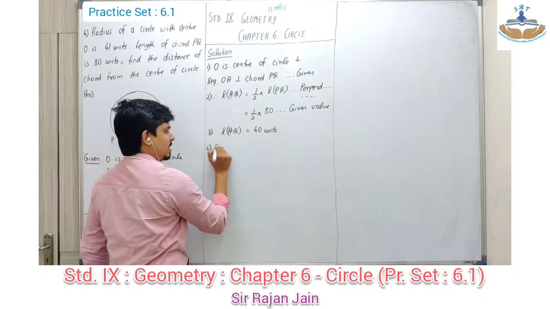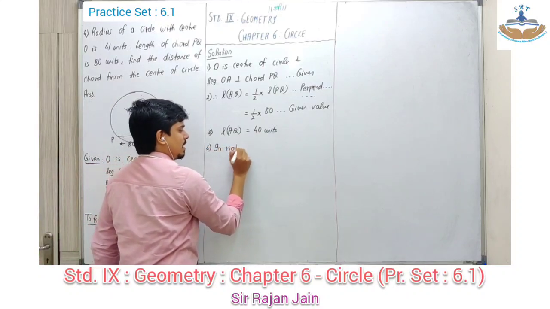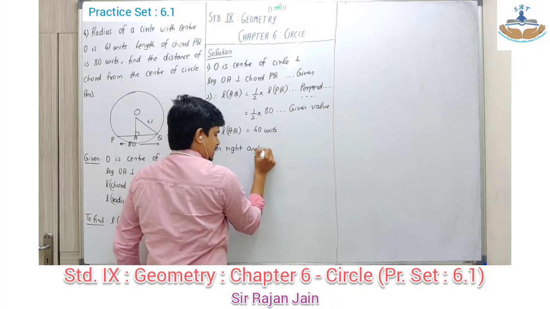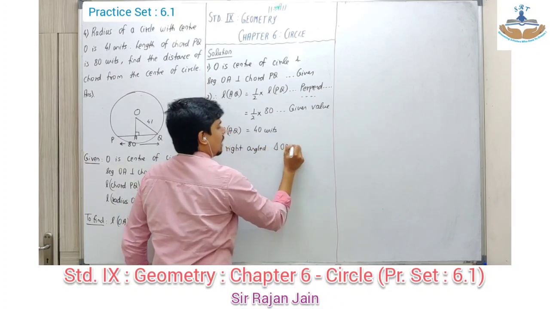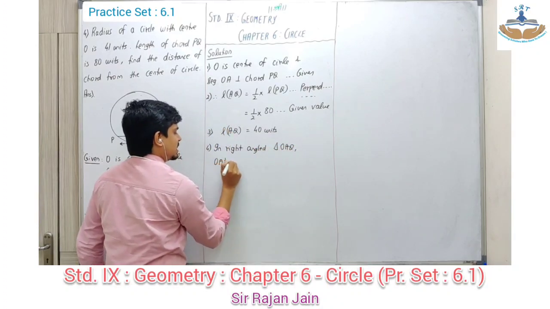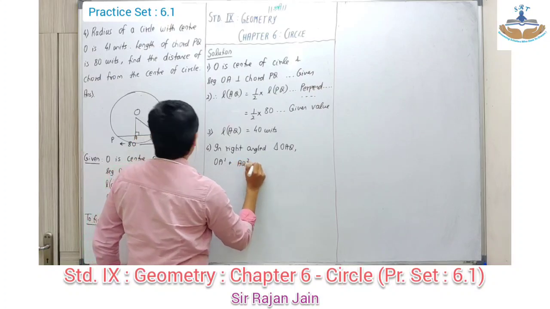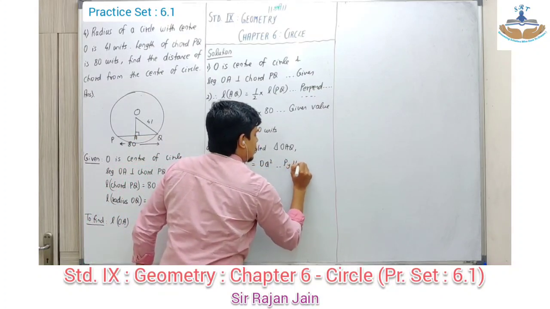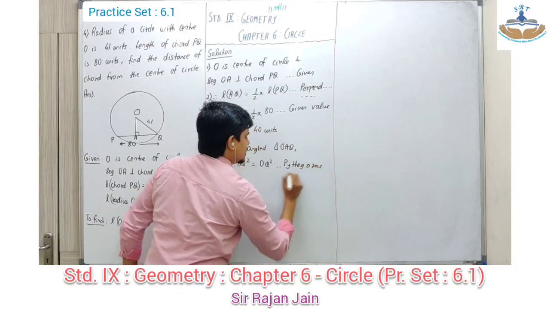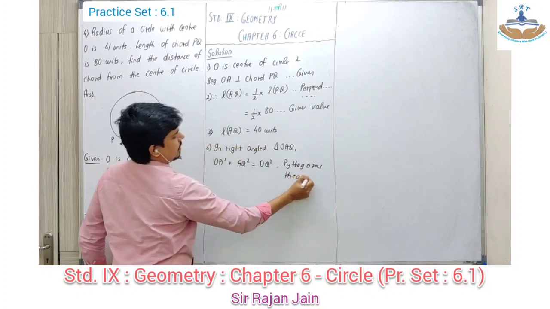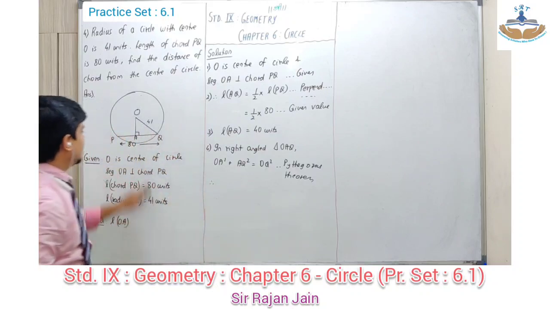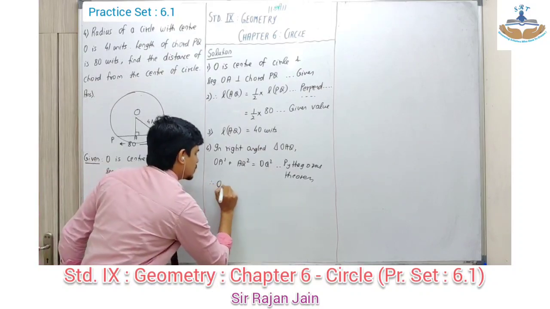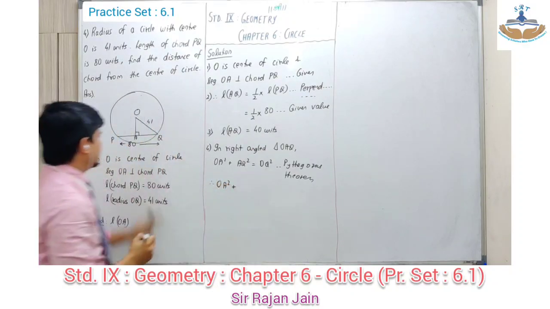So now I say in right angled triangle OAQ, I am applying Pythagoras theorem in such a way that the unknown quantity remains on the left hand side. Therefore, OA we don't know, so OA square I keep as it is.